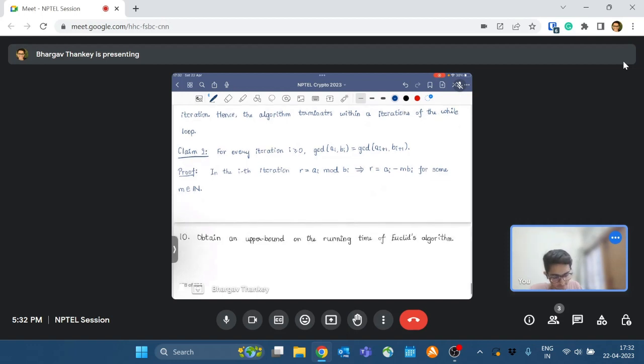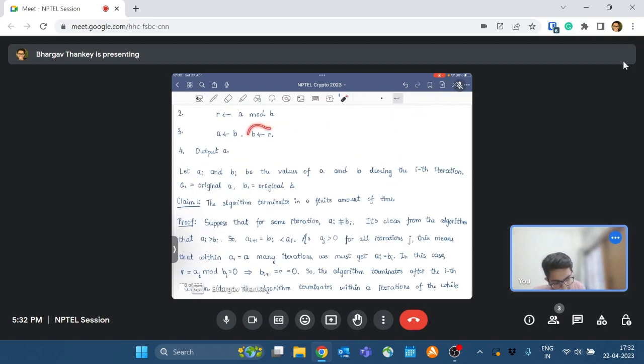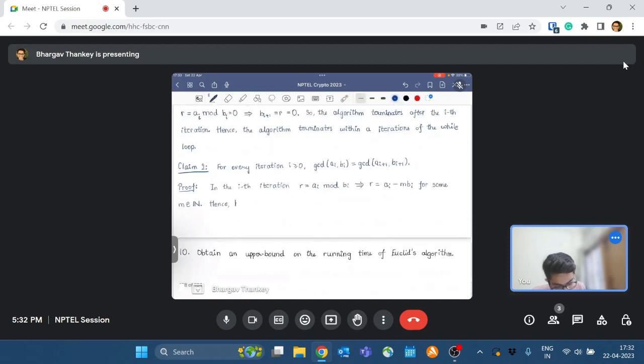Hence, okay, now R is going to be B_{i+1}, right? Sorry, B_{i+1}.